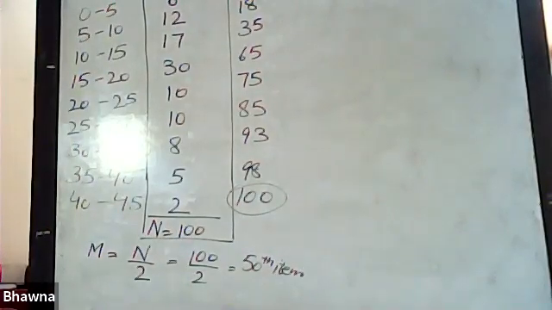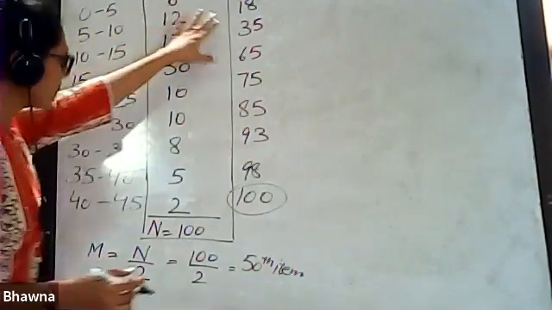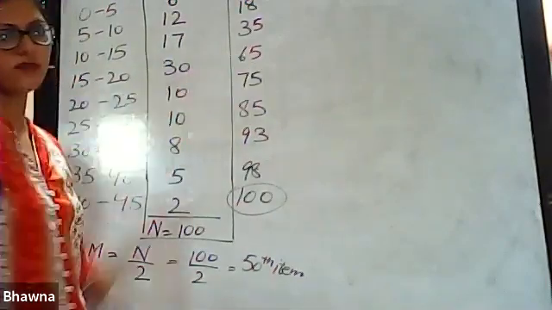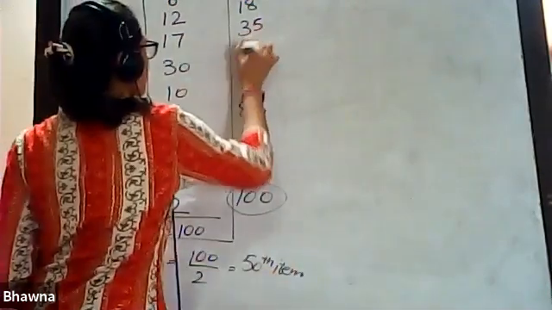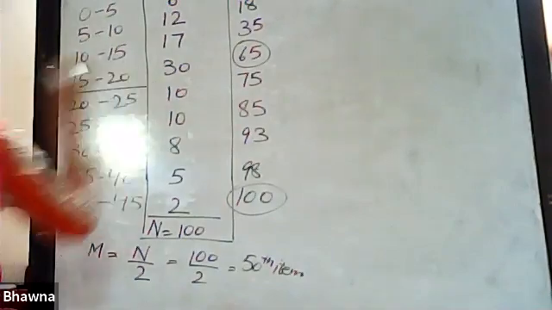The 50th item lies in which class interval? We have to check there. Is the 50th value available in the CF? No. Fine. Now we have to find which value lies against the 50th value, that is 65. 65 lies against the 50th item. So in which class interval does this value lie? The 15 to 20 class interval.